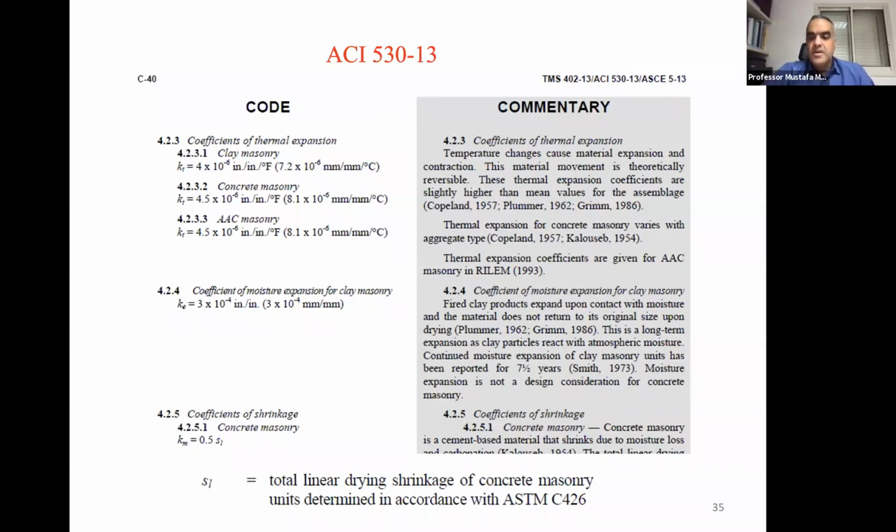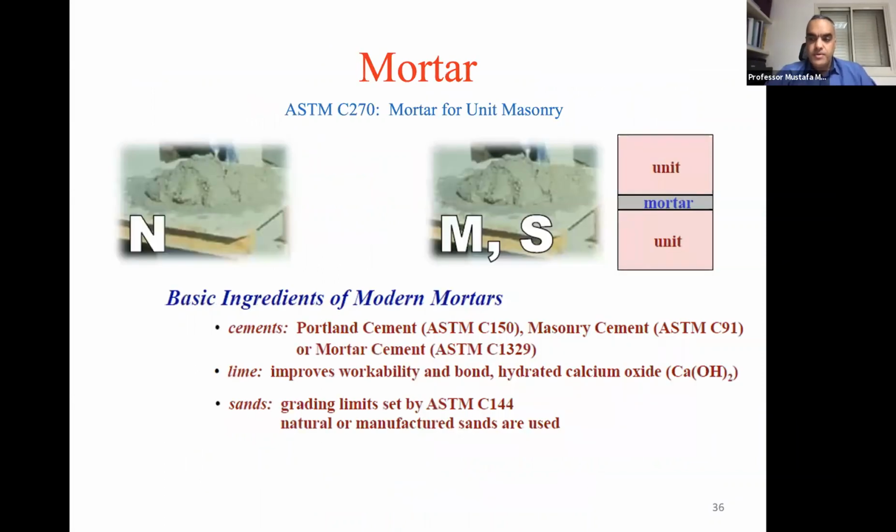Okay. Now mortar. Mortar is an important component of masonry. So masonry is not like steel or concrete. In a masonry structure, or masonry elements, we have different components. We have the masonry blocks, which could be concrete or clay.